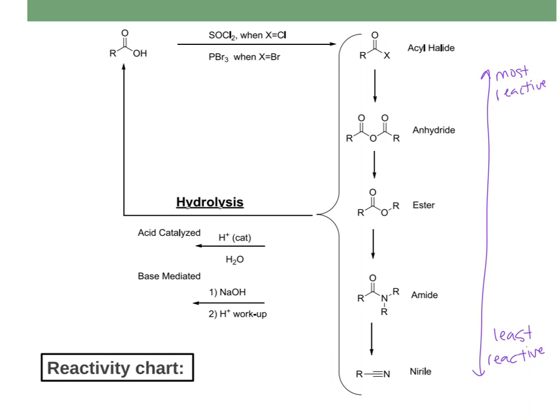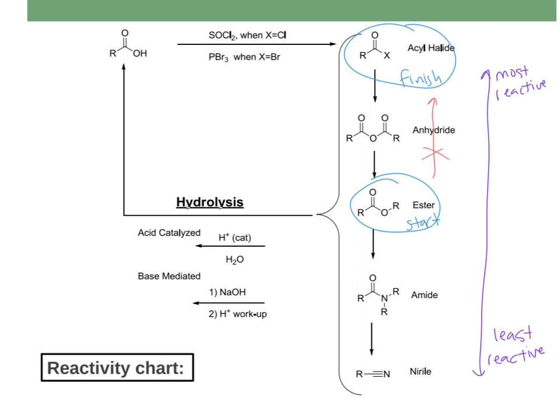And so what we're saying is that let's say I wanted to start with an ester, and I wanted to turn it into an acyl halide for some reason. The idea is that I cannot just directly go up this ladder, right?